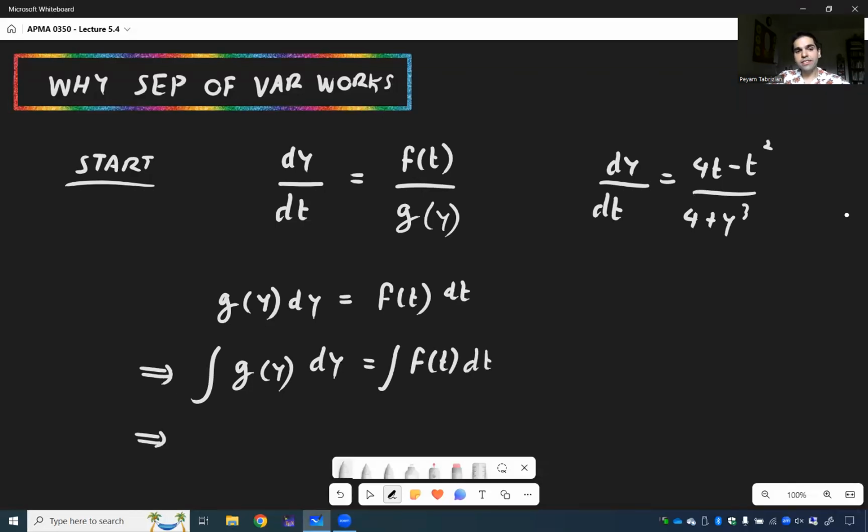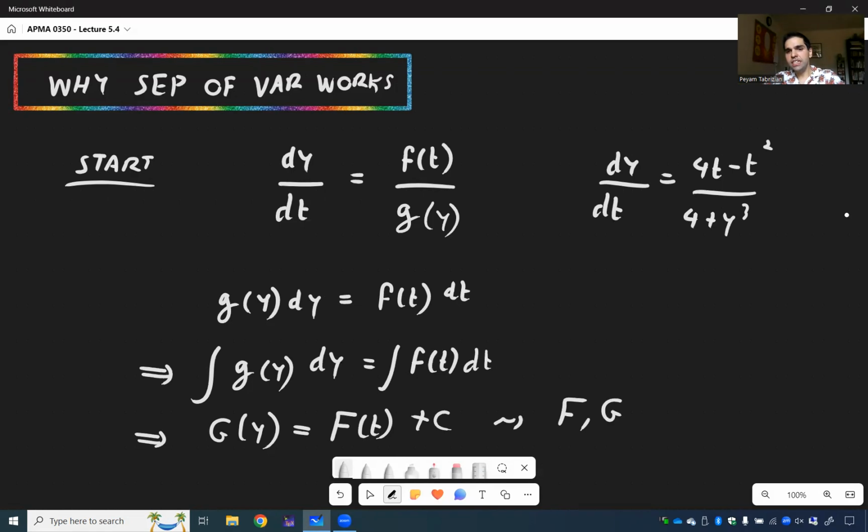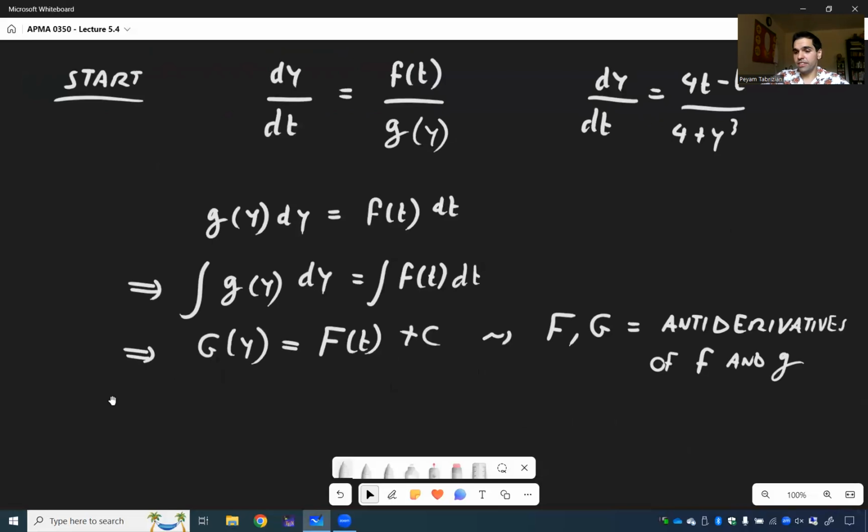And then we basically obtain the equation capital G of y equals capital F of t plus a constant, where here, capital F and capital G are antiderivatives of f and g. And this is how we obtain that implicit equation from the previous video.